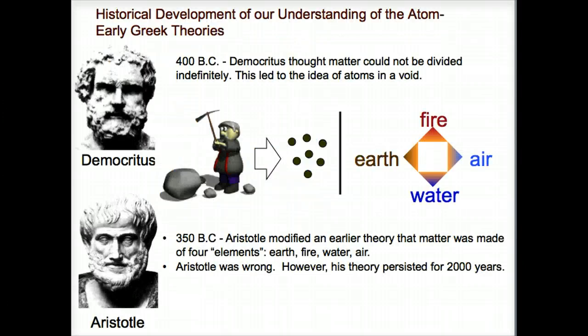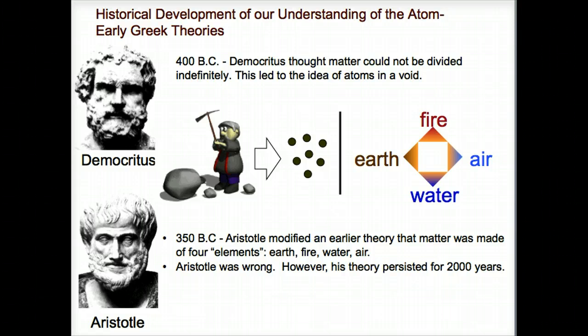Now we're going to look at how we developed our current understanding of the atom, going way back into the early Greek theories. Early in the 400 BC time frame, it was thought that matter could not be divided indefinitely. This is how we first came to arrive at the theory that there was a limit to how much you could decompose something.